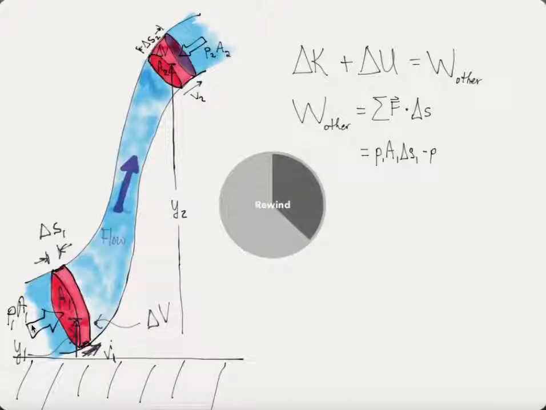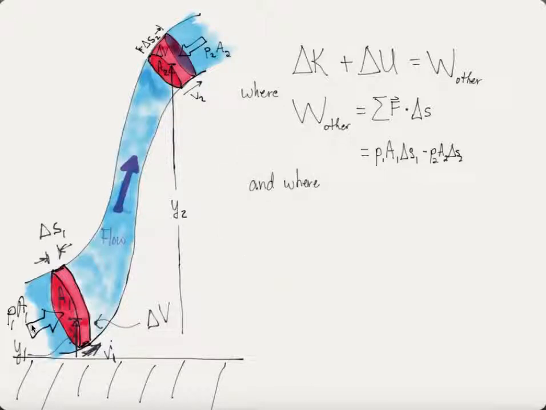So this is going to be minus P2, which is at the top, times A2, which is our force, times delta S2. So that's going to be our work. So I say where other, and I'm going to bring in, let me see what I'm going to bring in.